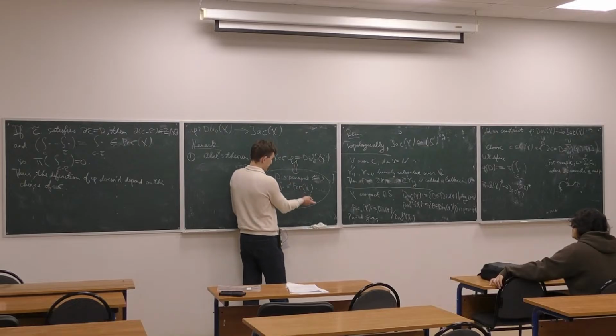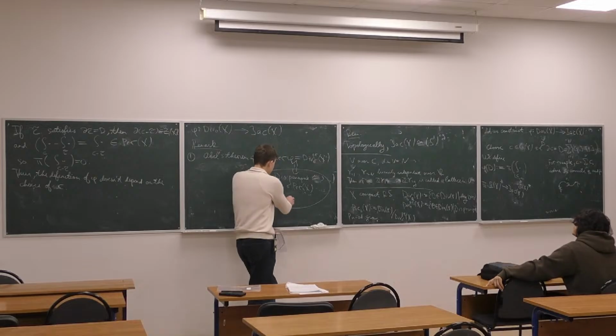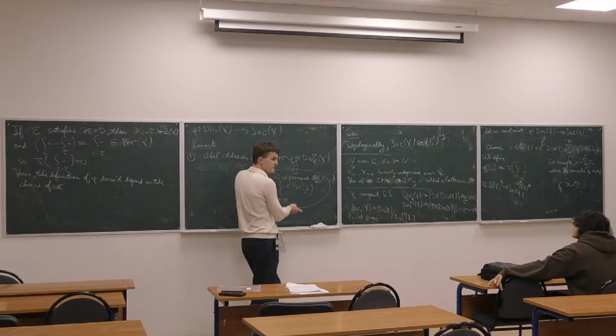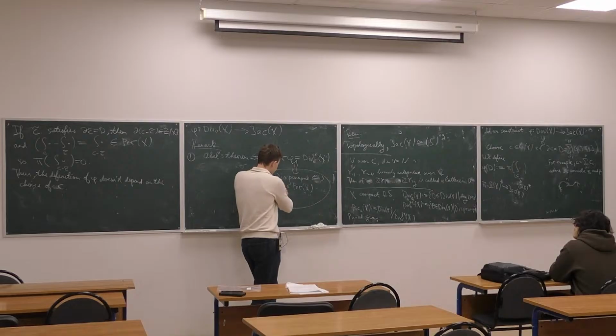But then you can add this closed chain to C, and dc will still be D. So this statement is equivalent to the fact that you can find a chain such that dc is equal to D and this integral is identically 0.